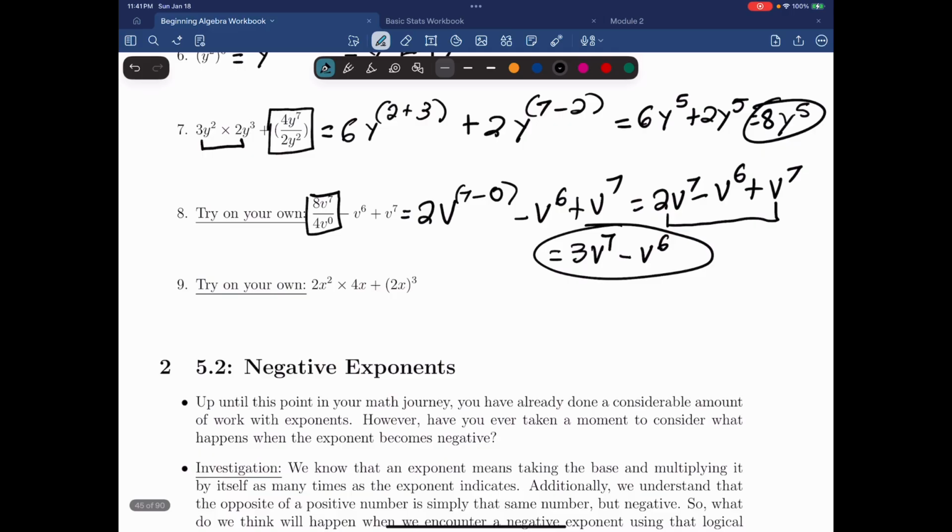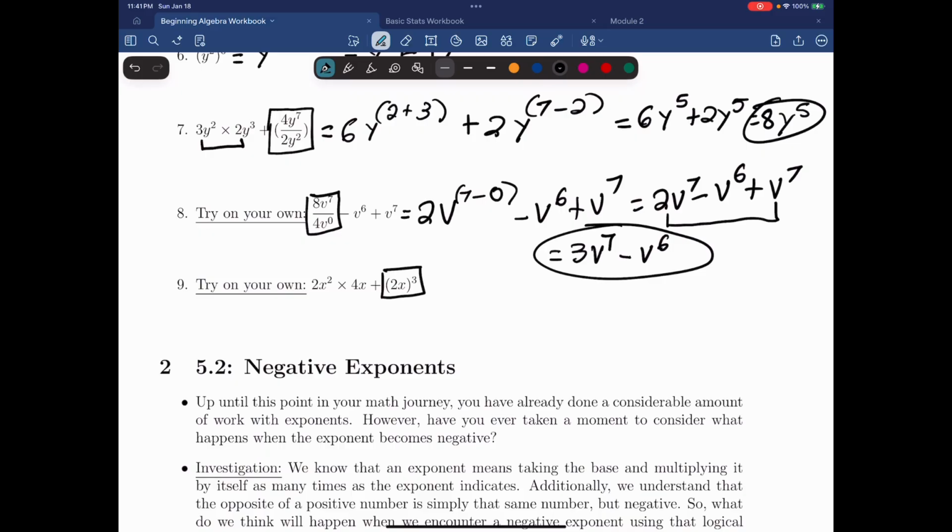Looking at example number 9, we have 2x squared times 4x plus 2x all raised to the third power. So looking at this, we can actually do two things at a time. Whatever's separated by addition, I like to call these islands.